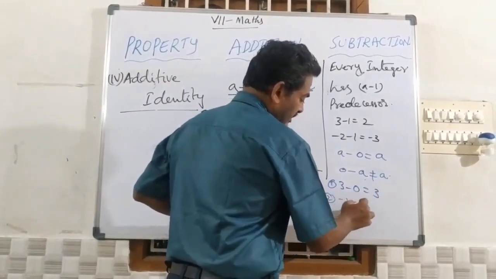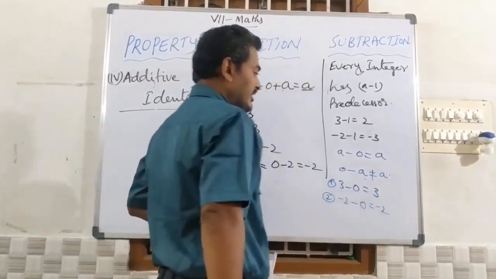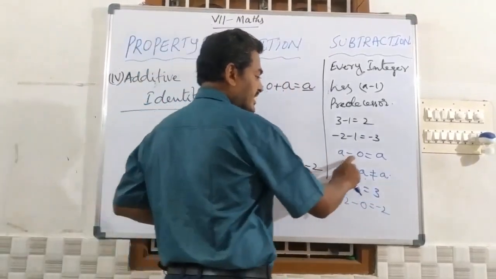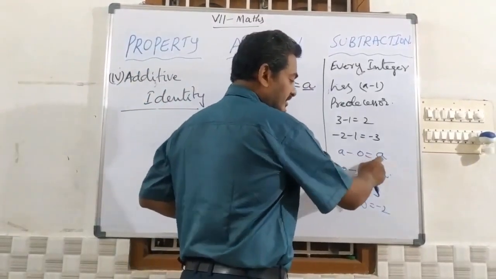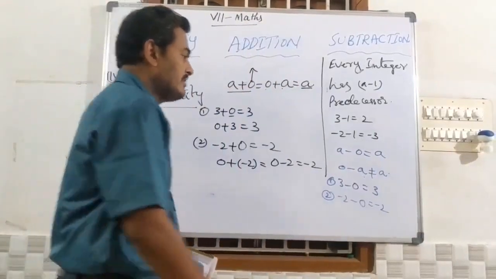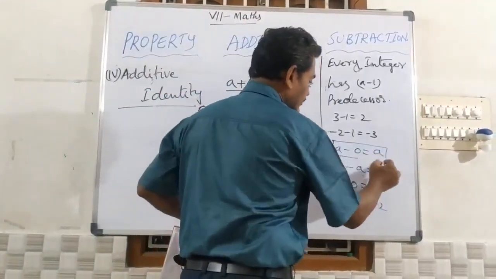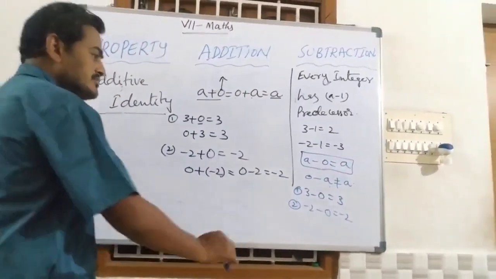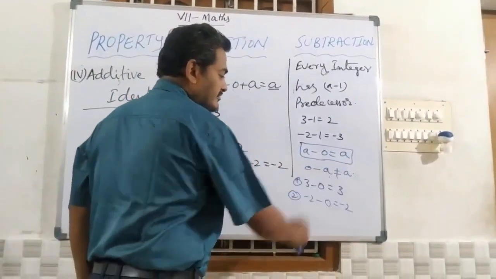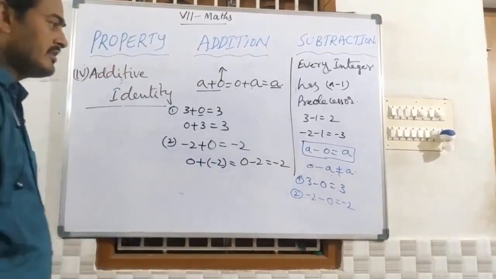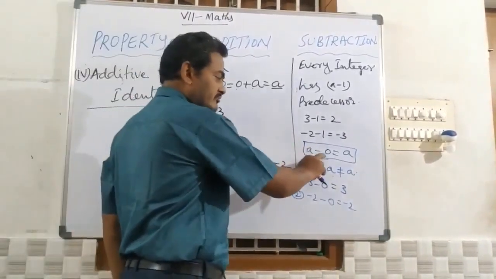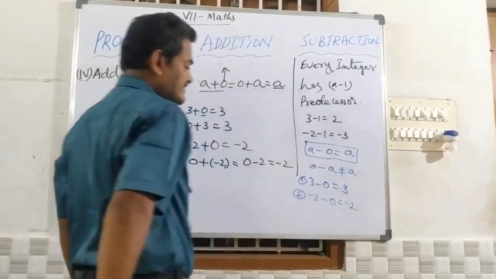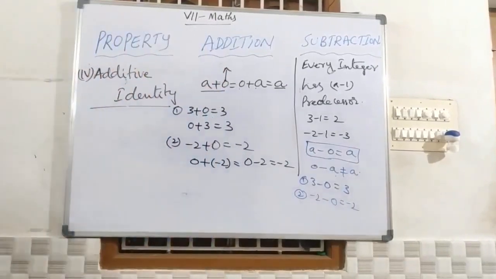Similarly, minus 2 minus 0 equal to minus 2. When 0 is subtracted from any number, we get the same number. A minus 0 equal to A, and 0 minus A is not equal to A. Subtracting 0 from any number gives the same number.